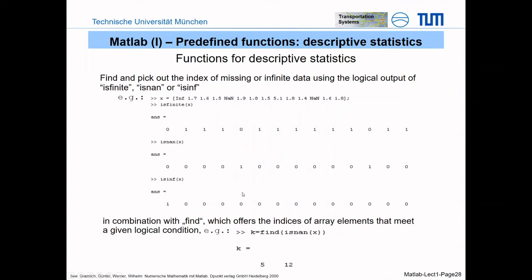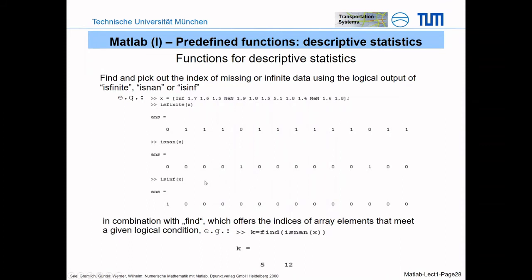Okay. You have also the function find. Find is really powerful. It will give you the indexes where this is true. So, for example, if you search the indexes of not a number, then it's position 5 and position 12. So you should keep this in mind.